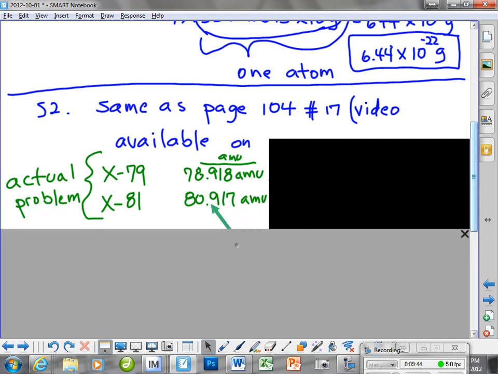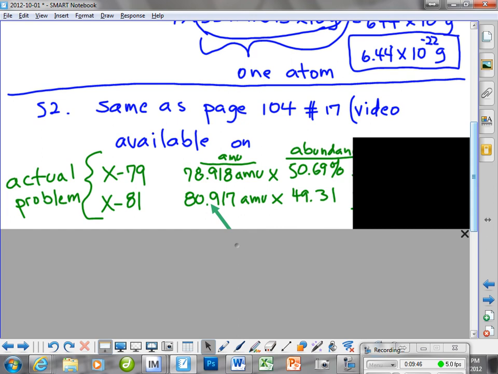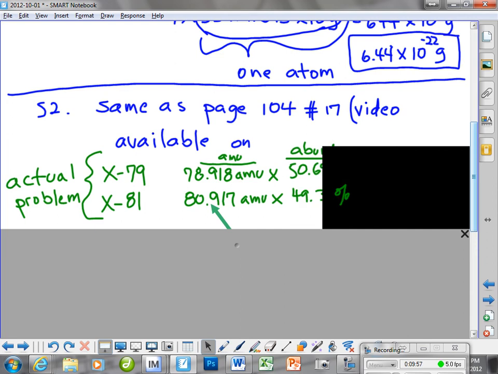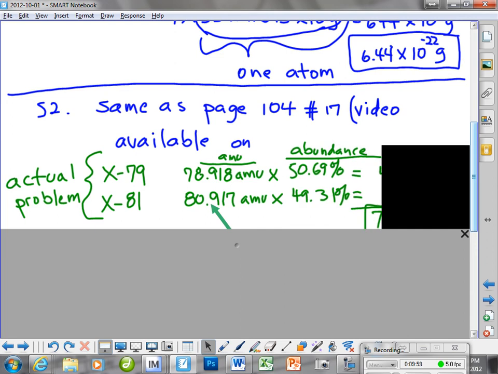Okay? Now, we are given these abundances. And I didn't put this percent here, so we'll put that in now. When we multiply these by a percent, what do we have to do to the decimal? We have to move our decimal to the left.